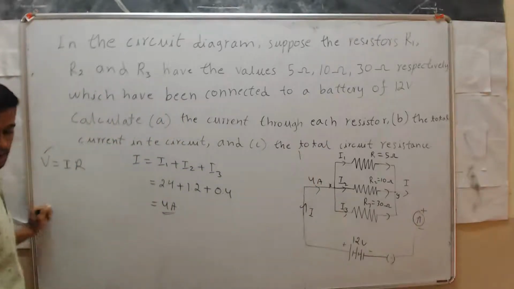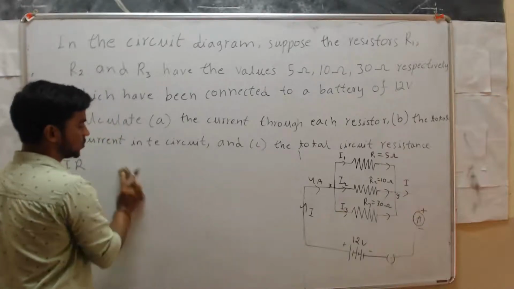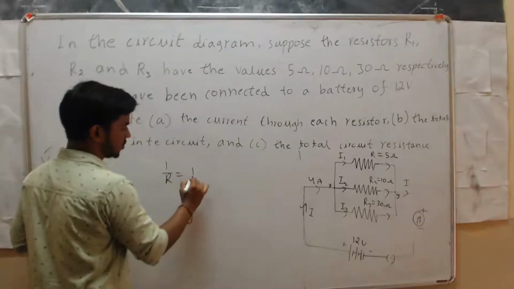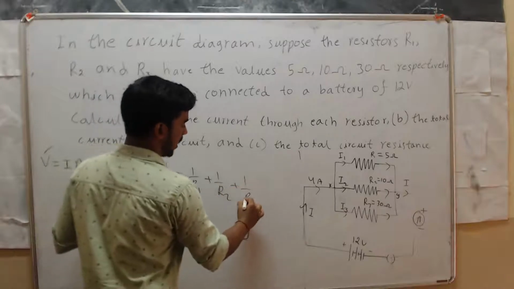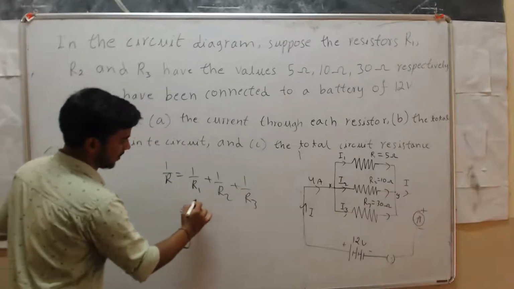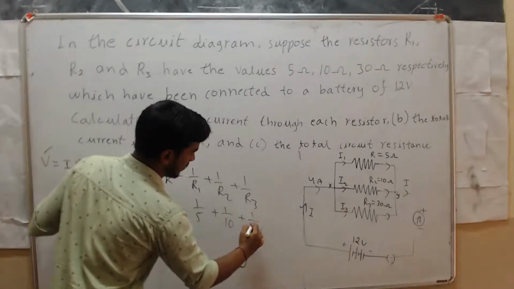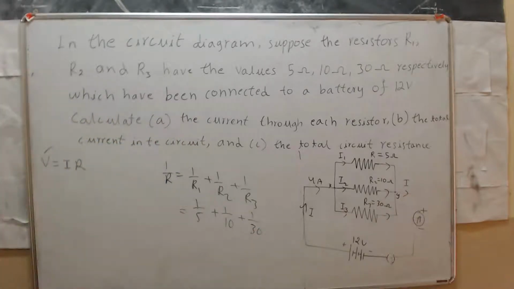When the resistors are in parallel, to calculate the total circuit resistance we use 1 by R equals 1 by R1 plus 1 by R2 plus 1 by R3. Okay. So what is the R1 value? That is 5, plus R2 is 10, plus R3 is 30. What is the LCM of 5, 10, 30?